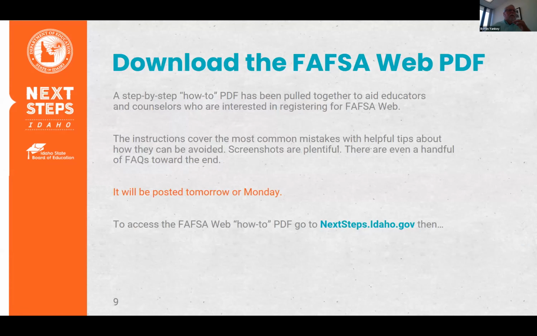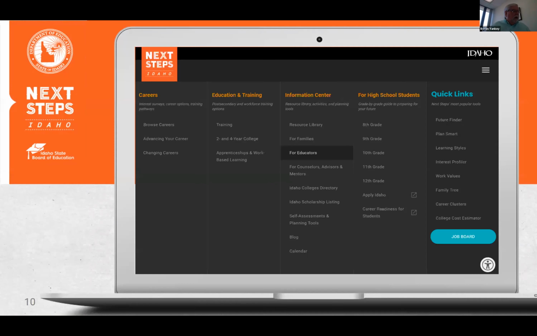We will have a downloadable FAFSA Web PDF that will give you step-by-step instructions that will be posted on the Next Steps website either tomorrow or on Monday. We, like all of you, are working as quickly as we can to get information up for that.